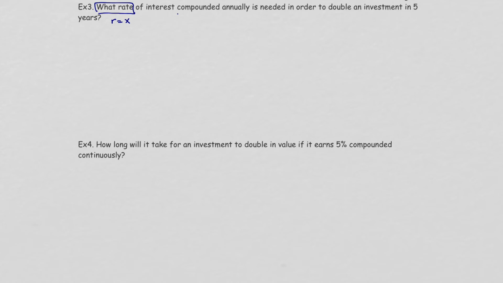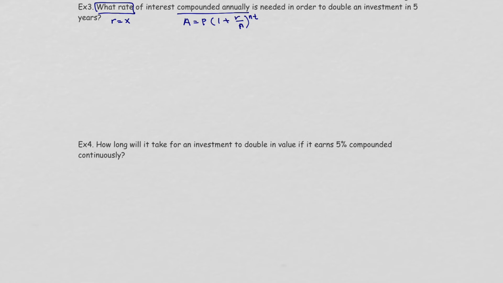It's a compound annually. So you're going to use compound period formula. Right, that's the formula. And what information is given?